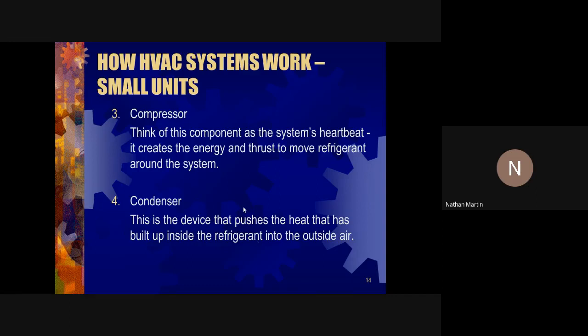The condenser, right? We said this device really pushes the heat that has built up inside the refrigerant into the outside air, right? So it actually evaporates the heat to the outside here. And this is found behind or in front, depending on which way you're looking at it from.